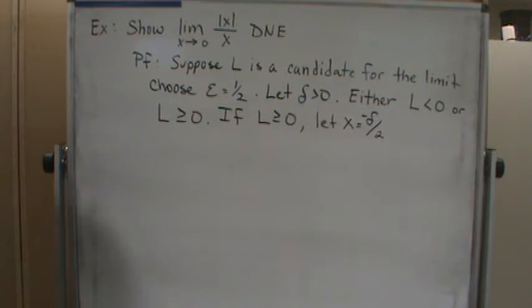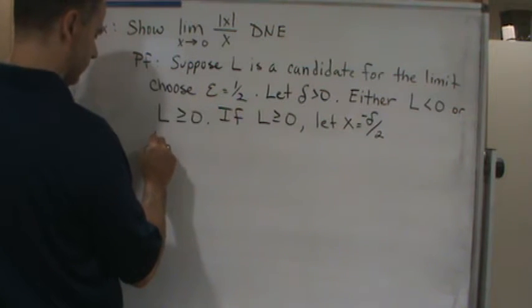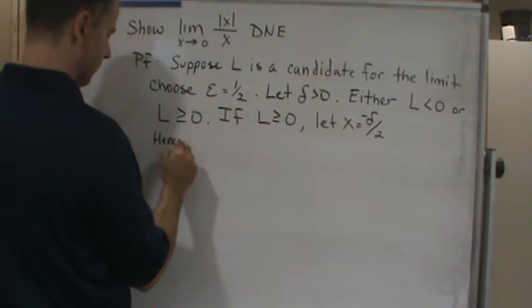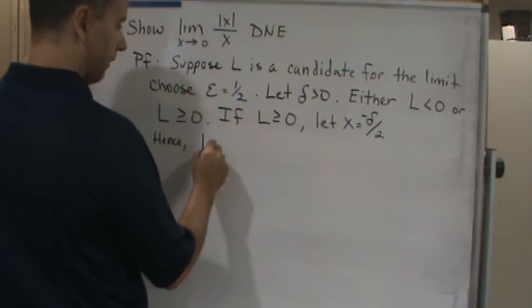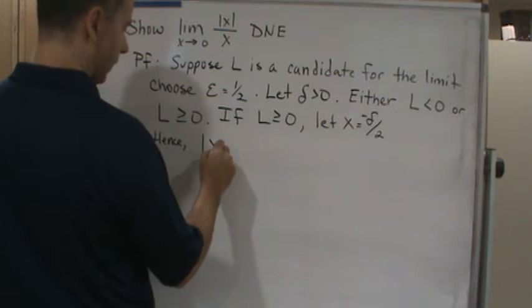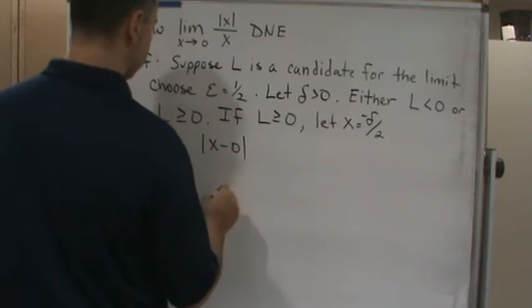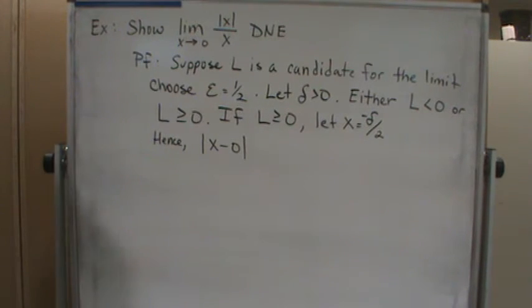Hence, we get the absolute value of x minus 0, right? Because a is 0.